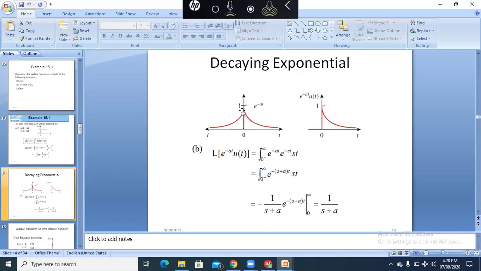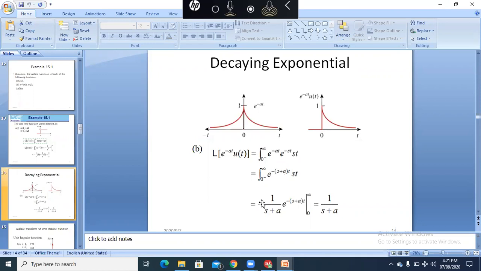So if we want to take the value of e to the minus at for time t equal to 0 to infinity, we will consider the positive part only, and we apply the Laplace transformation formula from 0 negative to infinity, and we have e to the minus at into e to the minus st. So this is e to the minus (s plus a)t.